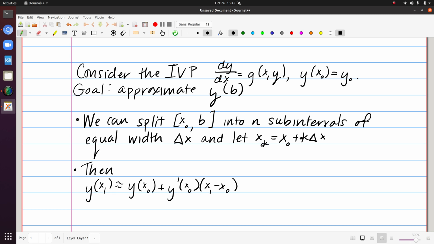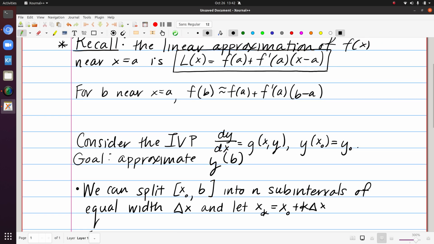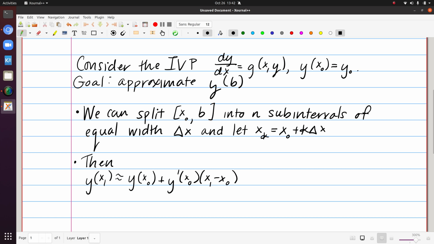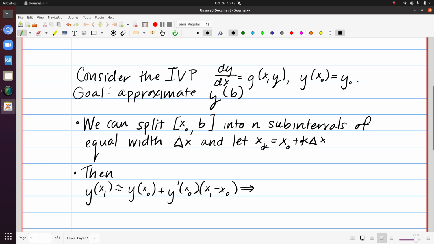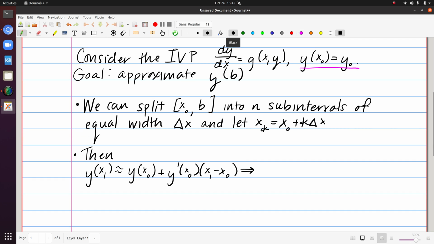So to be clear, we're using our linear approximation formula, and we're treating x sub 0 as the a value. It's like the center. And we're hoping to find or approximate the value of the function nearby. Nearby here is x1. And we're going to use that to find that next value approximately. Now, I can write this in shorthand a little bit better. So following the convention that we have up here, we said we're going to let y of x sub 0 be called y sub 0.